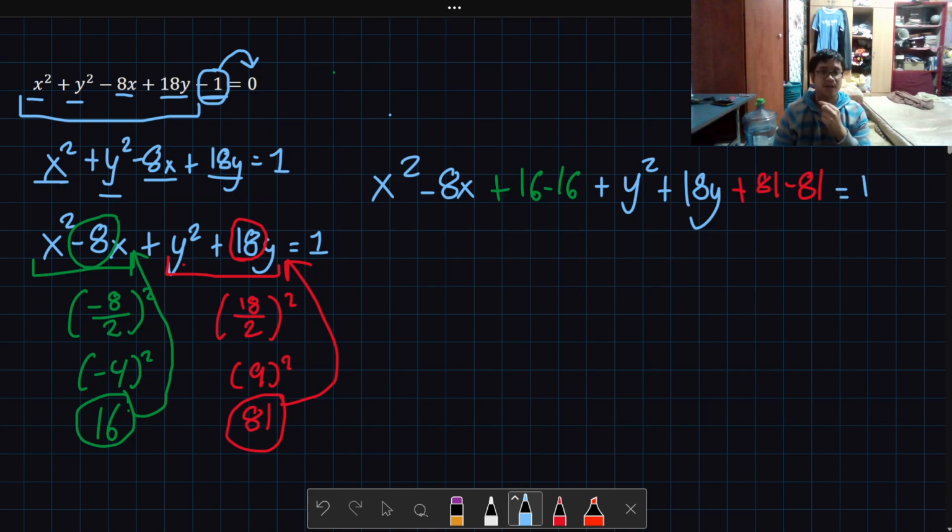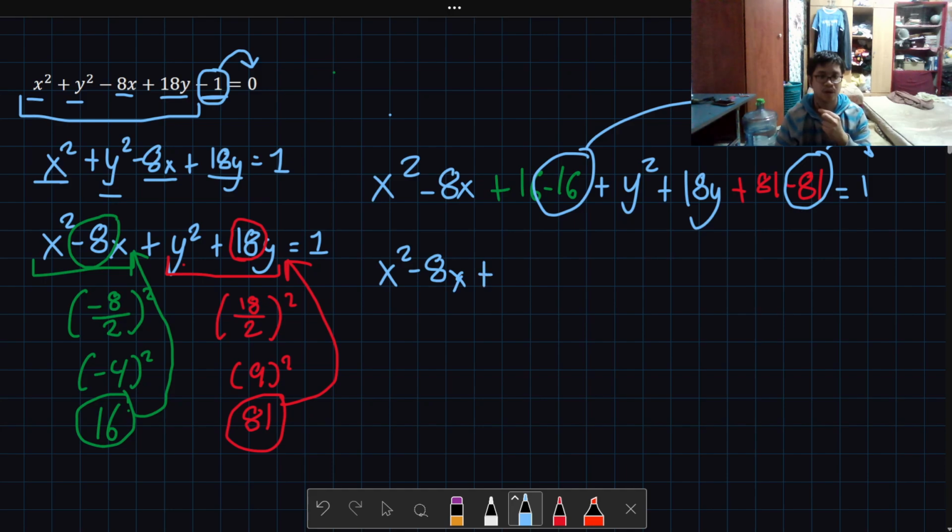Okay, so now what? Now, the negative constant terms, which are negative 16 and negative 81, you're going to transpose to the right. So the overall result, you will have x squared minus 8x plus 16 plus y squared plus 18y plus 81, is equal to 1 plus 16 plus 81.